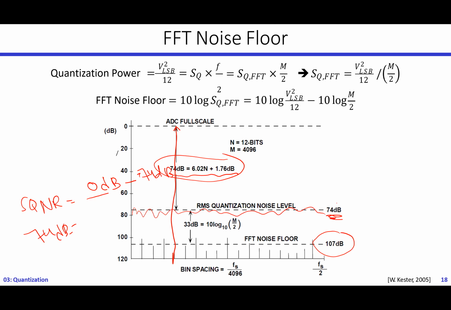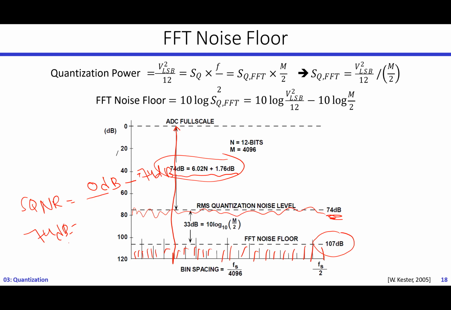Why does it appear at minus 107 dB? The reason is that when you calculate the noise power, you don't find a single value for the noise. You sum up all these noises that are here.